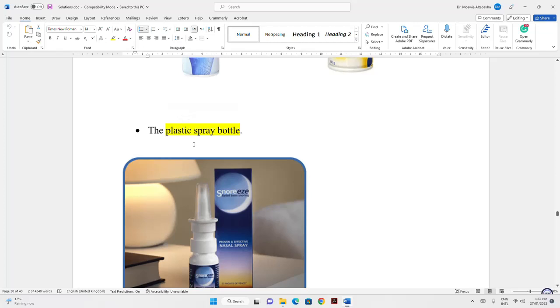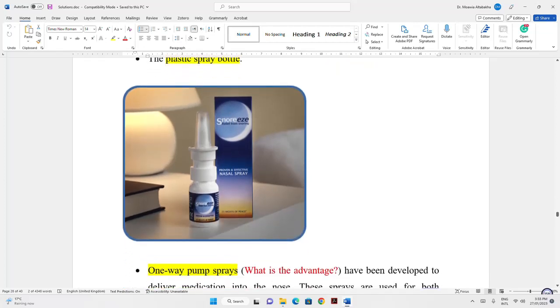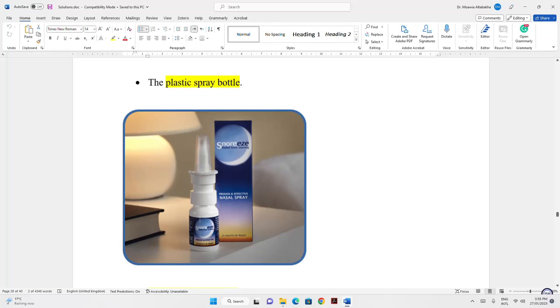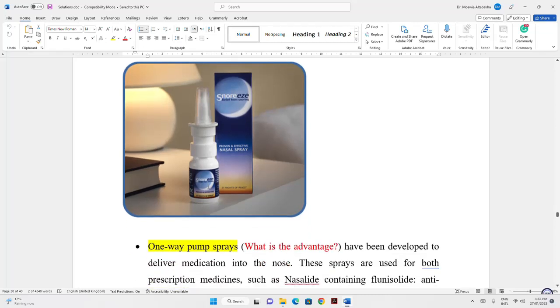What you see here is a special type of plastic spray bottles. Okay, طبعا how you do it, you open the cap and then you press or you squeeze on the body in order to release the formulation, for example nasally or for intranasal application. Now there is something good about this because they utilize what we call a one-way pump system.